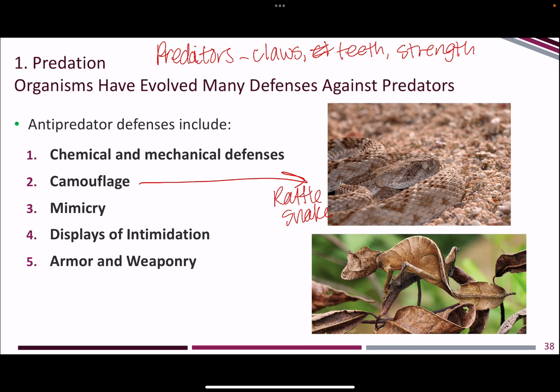And you can see that he is very well camouflaged. But in this case, the predator is the one that is camouflaged to hide from the prey. Then down here, we've got a leaf lizard. You can see that he is camouflaged to look like the leaves that he's climbing on, so the leaves in his environment, and that is so that he can hide. We're also going to very quickly cover mimicry, intimidation, and then armor as well.